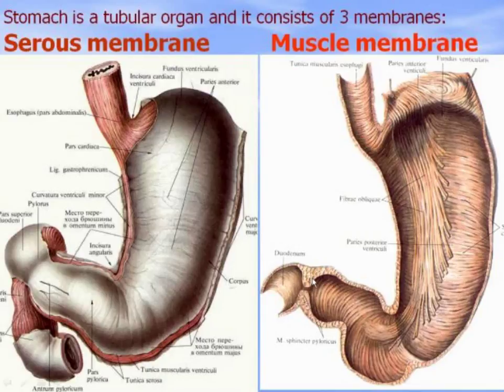Inner circular layer became much thicker and composed the sphincter, pyloric sphincter. When the muscle contracts, it closes, then it relaxes. The portion of digested food can pass the sphincter from the stomach into the duodenum.